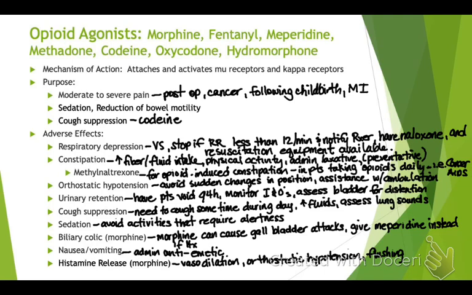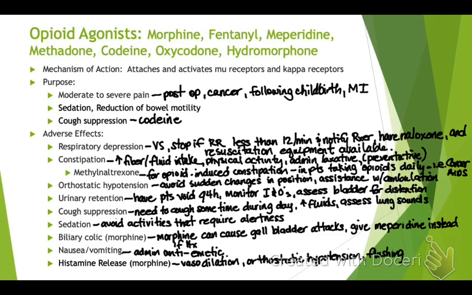So before you say that the patient is allergic to the medication, you might want to try changing the opioid agonist from morphine to meperidine and see if the effects are less, which means that they're not actually allergic to the medication, but they're just suffering from an adverse effect of one medication or the other.